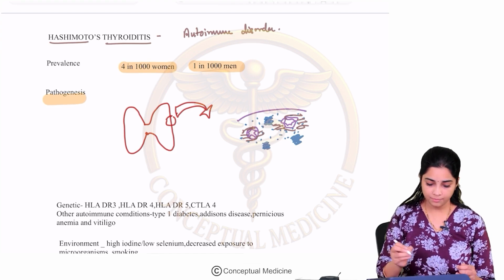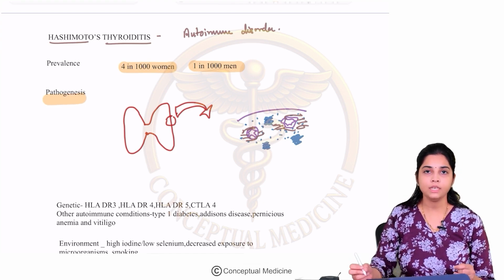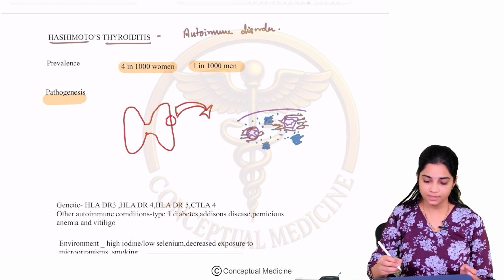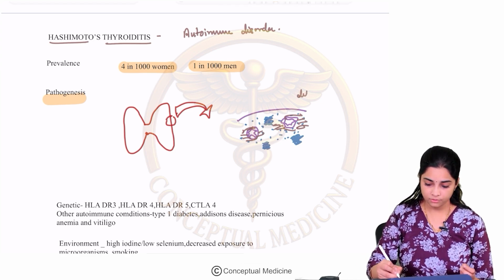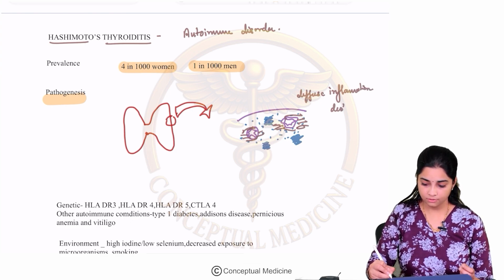So let us understand the pathogenesis of how Hashimoto's thyroiditis happens. In the thyroid gland, due to unknown triggers, sometimes certain genetic factors, there can be diffuse inflammation and destruction of the follicles.